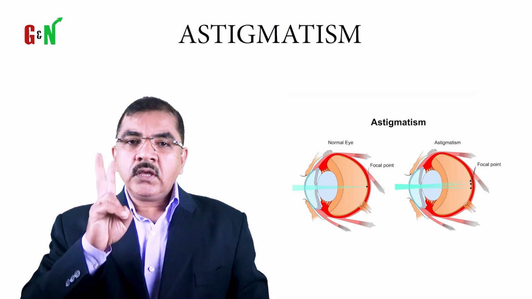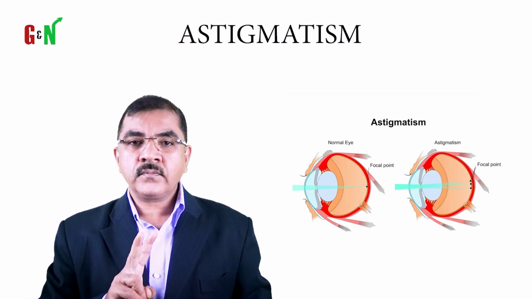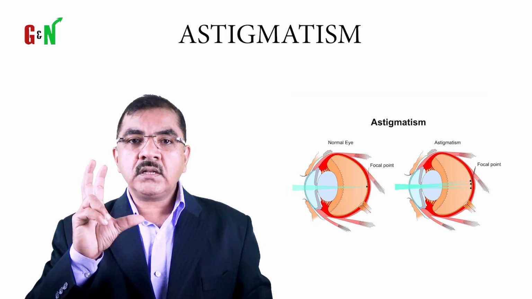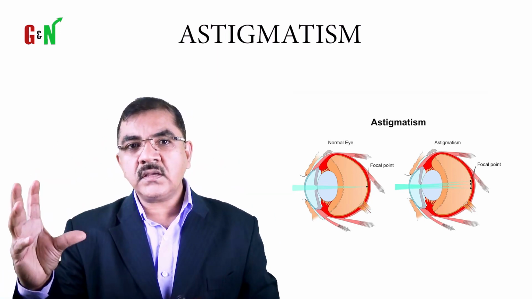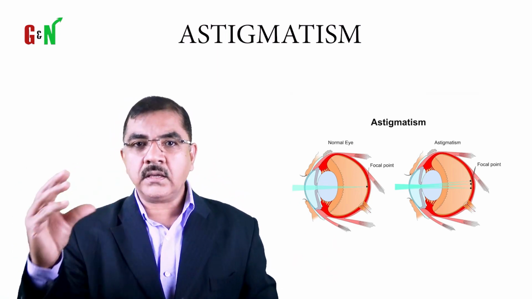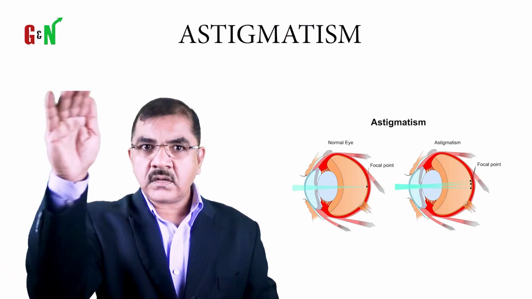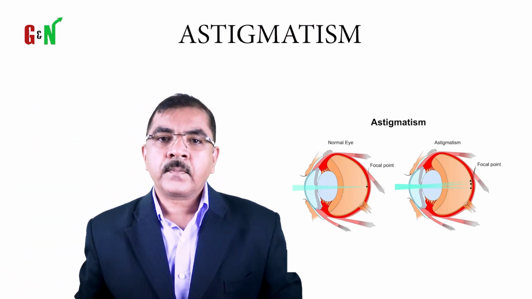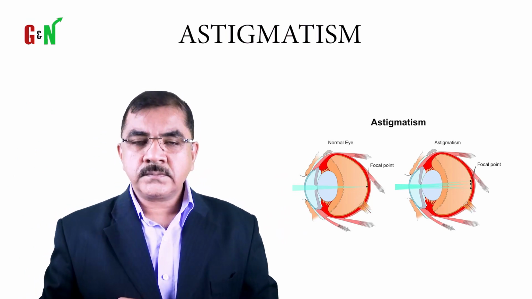So if there are two focal points, which I told you, in a cylindrical lens, the eye is in an astigmatic lens, the shape of the eye is like a rugby ball, like an egg, like an oval shape. You cut it in the center, it's spherical, you see at the top it's flat. Because of this, the rays form two focal points.